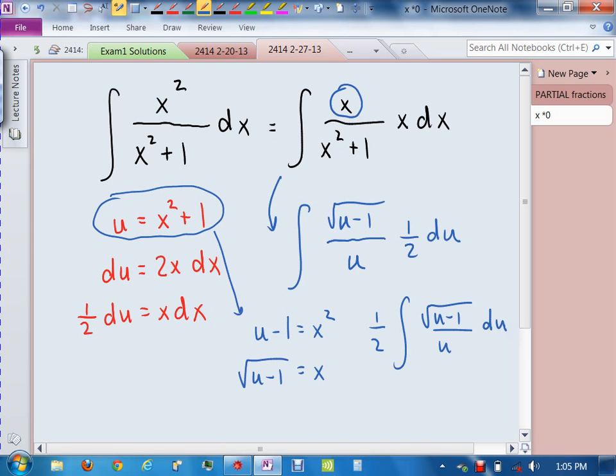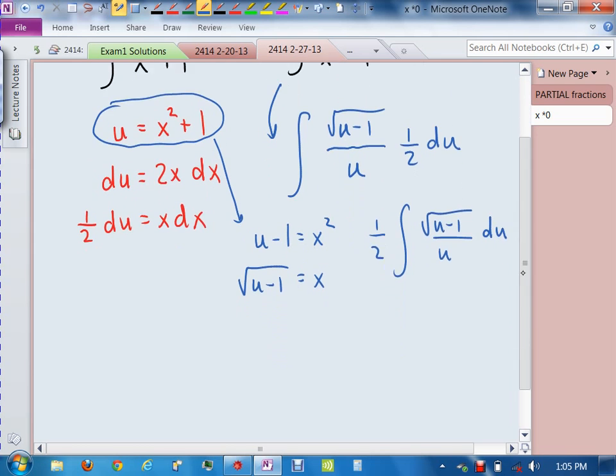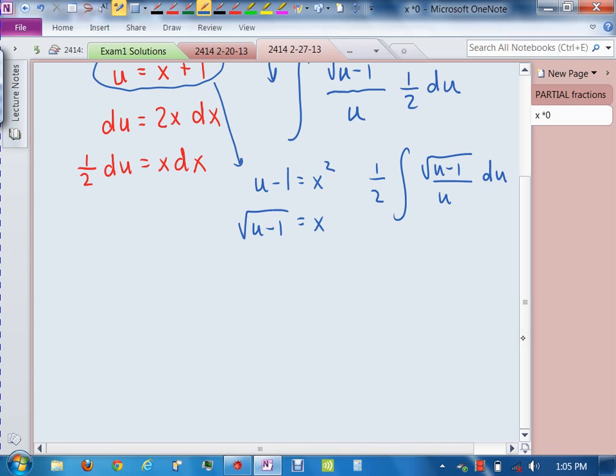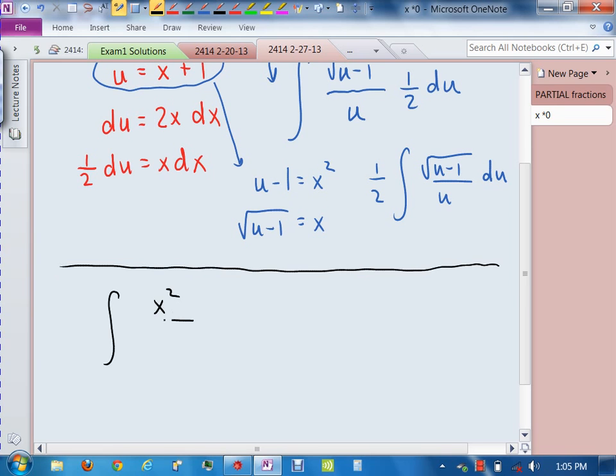Okay, so instead of doing this, let's talk about what we did last class, the last problem I gave you in class. We took something like this, and we applied long division to it. So what is x squared divided by x squared plus 1? You have to ask yourself, what do I multiply x squared by to get x squared? 1.